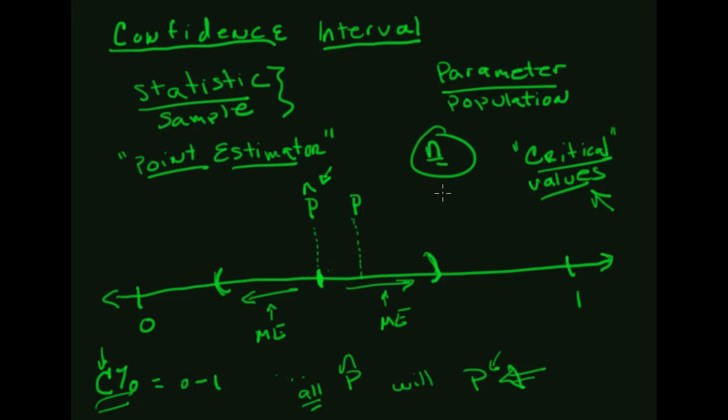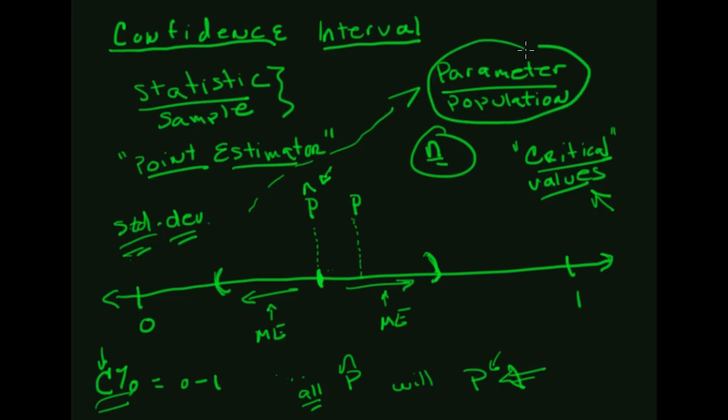The other thing that plays into this is the standard deviation. So if I know the standard deviation of the population, sorry, that's not correct. It's the standard deviation of the sample. If I know what's going on with the standard deviation of the sample, then I also have another aspect of this that I can control.